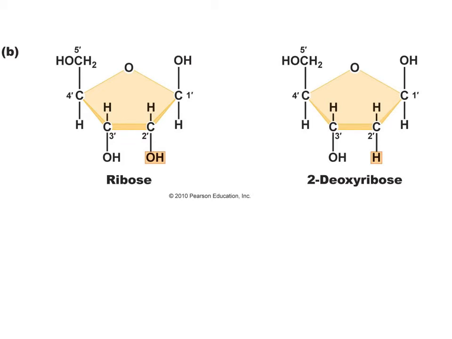So it's really important that you understand the difference between ribose and deoxyribose, because as you noted in the previous slide, some of these, for example, guanine, some of the nucleotides occur in both DNA and RNA, okay?